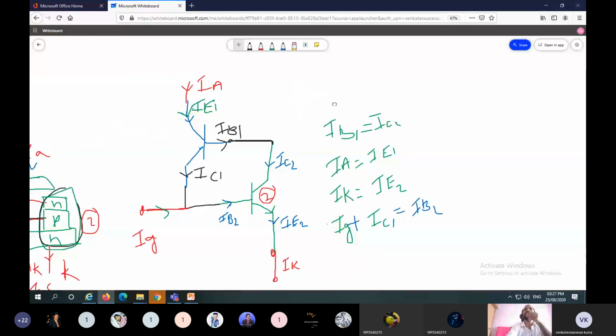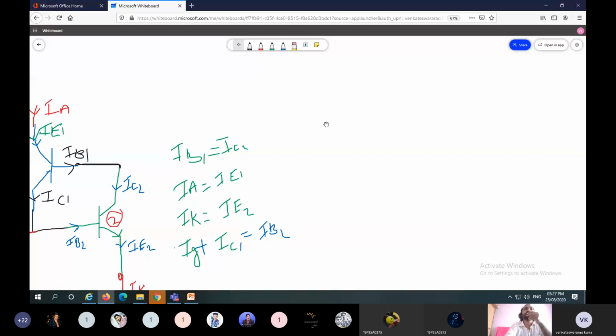So all of you know the formula for current gain in common base. Alpha equal to IC by IE. So for transistor 1, the current gain will be alpha 1.